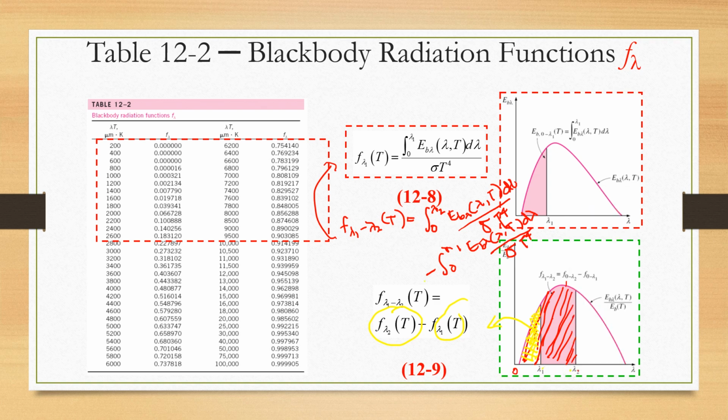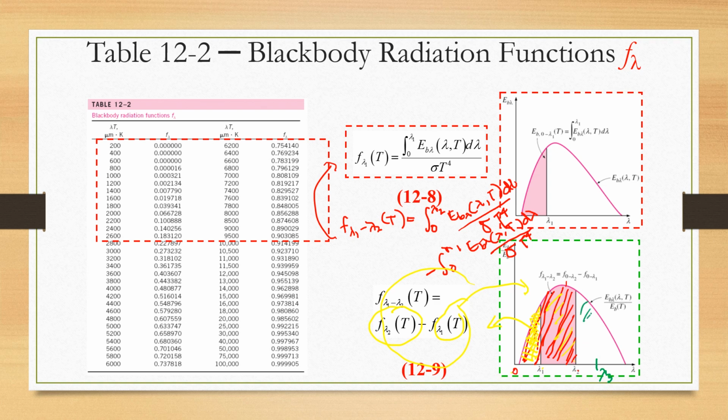So that's why this form is like this. In order to find the area from lambda 1 to lambda 2, you calculate the area under the curve from 0 to lambda 2, and you minus the 0 to lambda 1 area, to get the value of this section. The same applies if you want to find lambda 3. Let's say we have another requirement to find lambda 2 to lambda 3, for example.